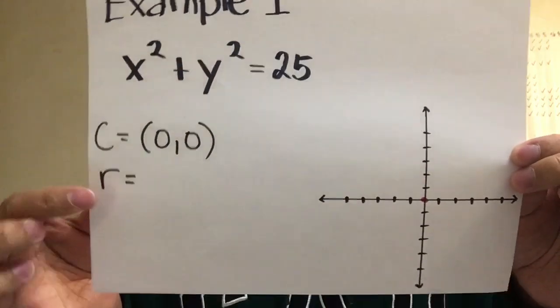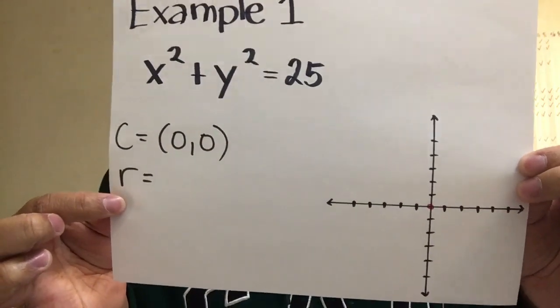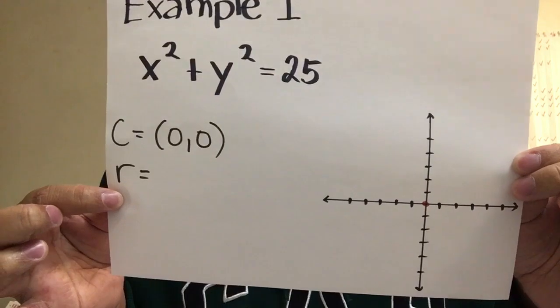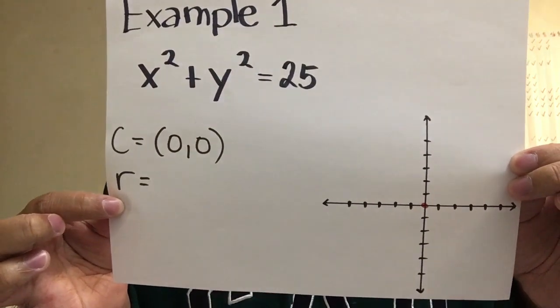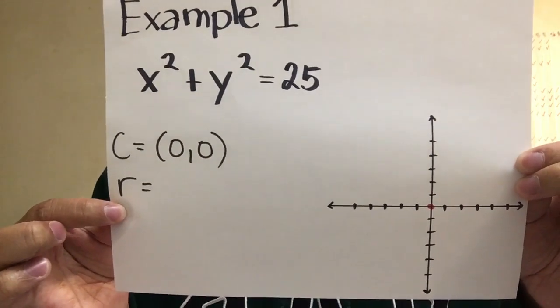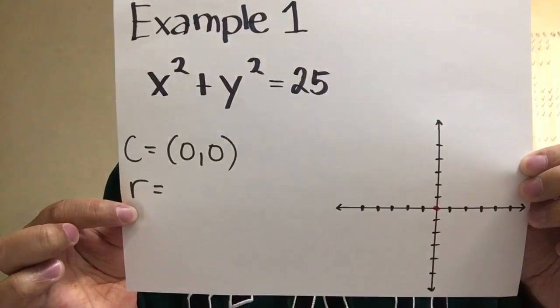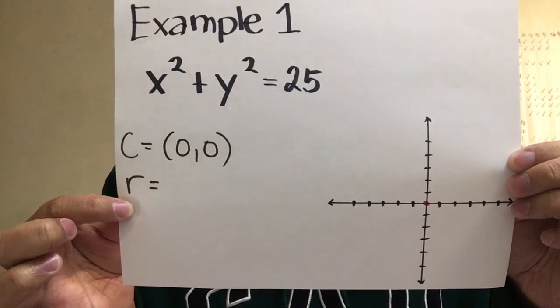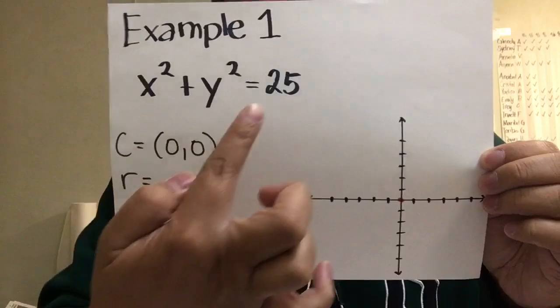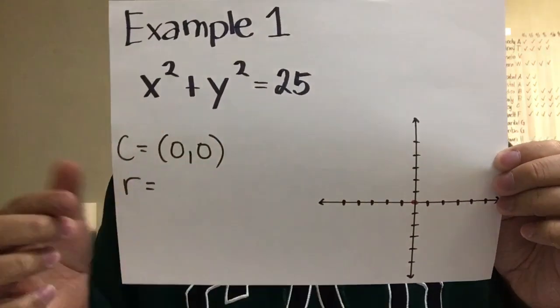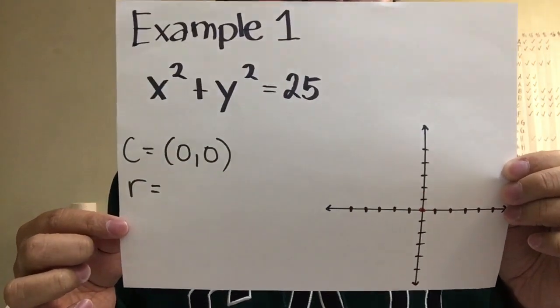Now how about its radius? Anyone? The process would be taking its square root. So what is the square root of 25? The square root of 25 is 5. Now if you're not sure with your answer, you could always use a calculator.